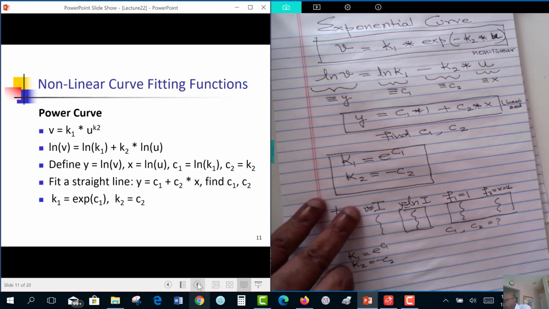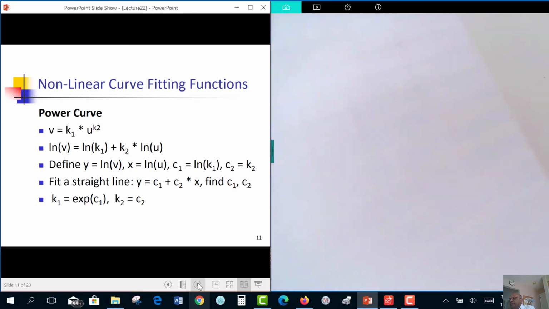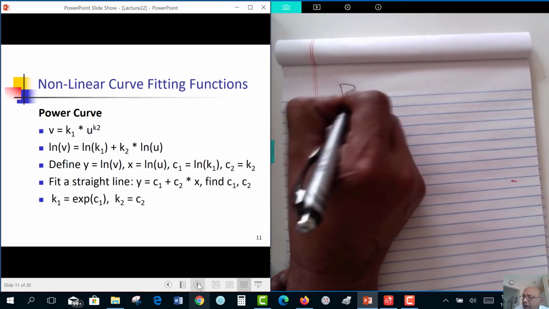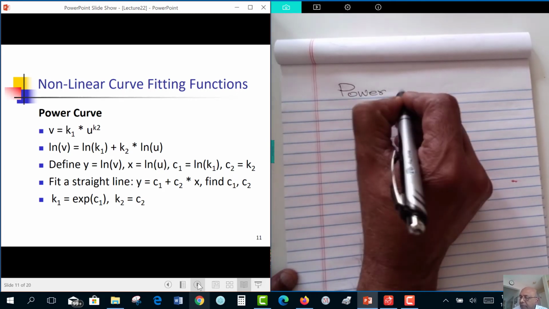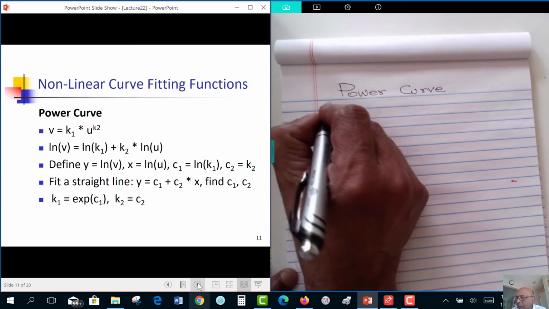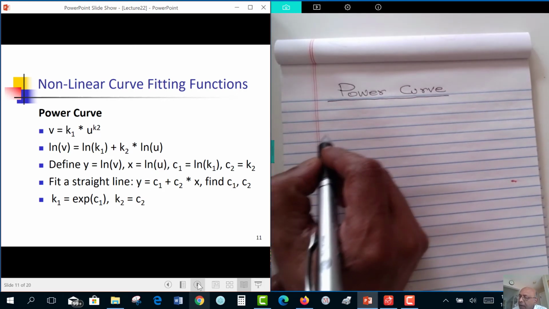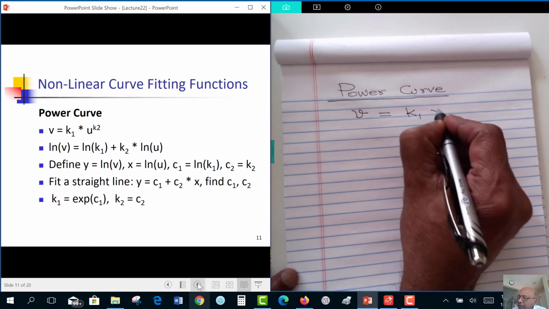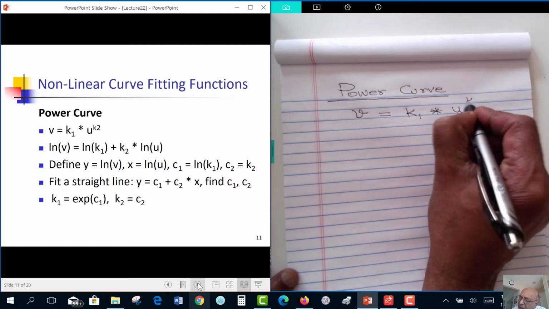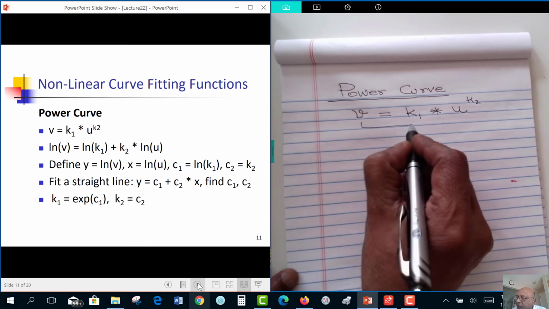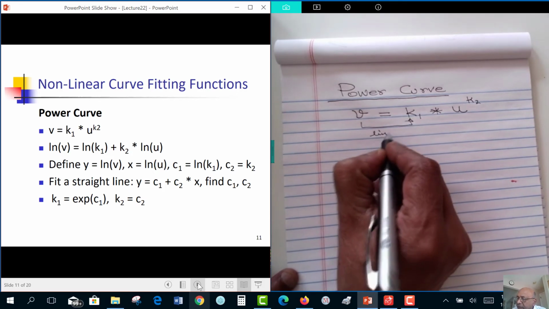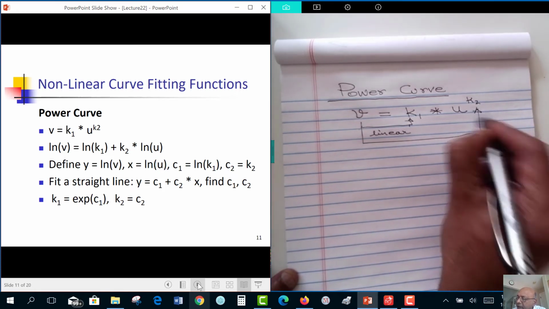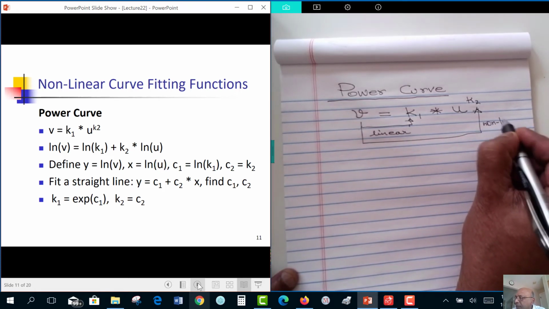Okay, let's look at another curve. This curve is called the power curve. In the power curve, we are given V is K1 times U to the power K2. Even though this is linear with K1, V is not linear with respect to K2.